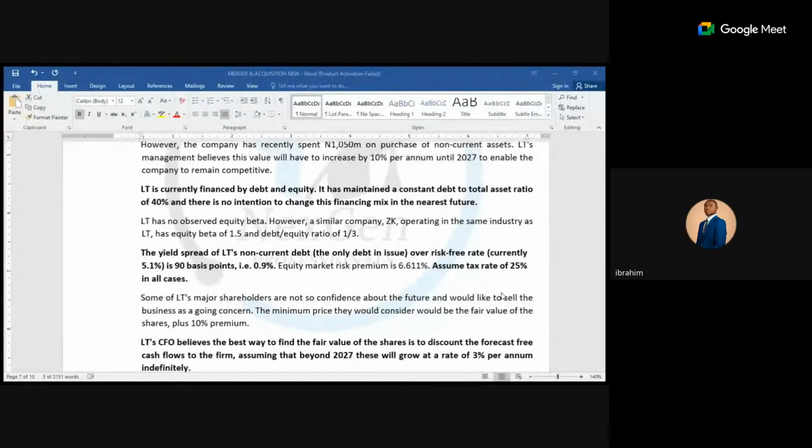Okay, let's go back to bond valuation. When we have the government spot yield and the credit spread, the question is, what is government yield?